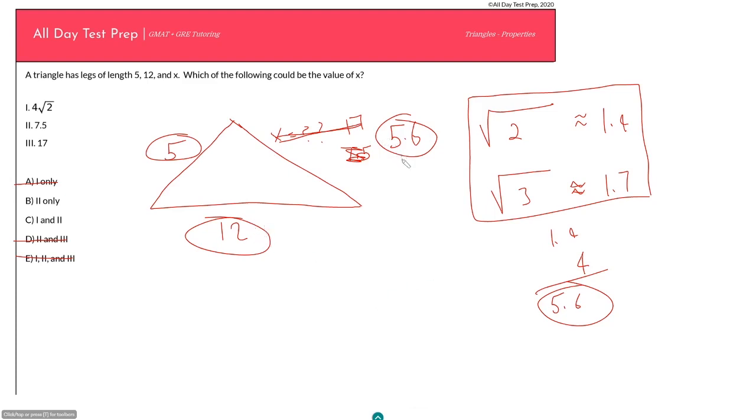So even though this is an approximation, I think it's good enough to say that even if we used the precise value, we would still not be close to 12. And so statement 1 does not work because 5 plus 5.6 is less than 12. So C is out, and we're left with B as the only one that works.